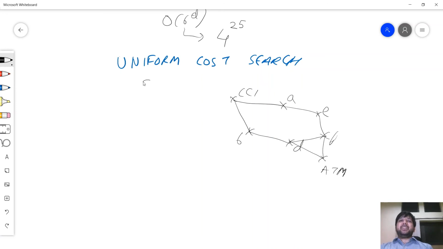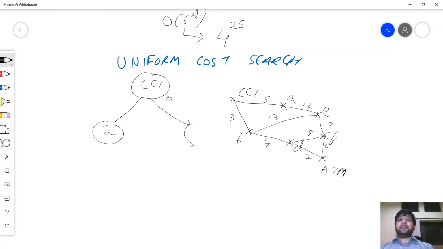So you start over with CC1, the edge costs are like this: 5, 3, 4, 13, 12, 8, 7, 6, 2. At the cost of 0, then you could go to A, you could go to B with a cost of 3 or 13.